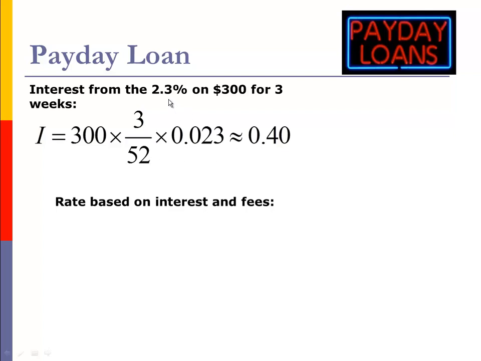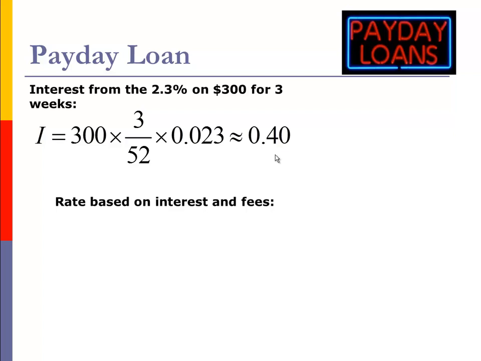Then we use the decimal version of the percentage, moving it 2 decimal places to the left, and that's where the 0.023 comes from. When we do this calculation, guess what? It's only approximately 40 cents. So the interest off that 2.3% for 3 weeks is very, very small.